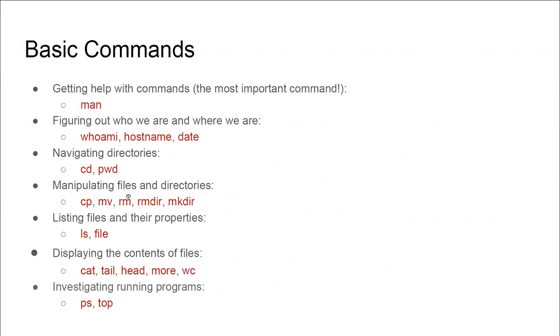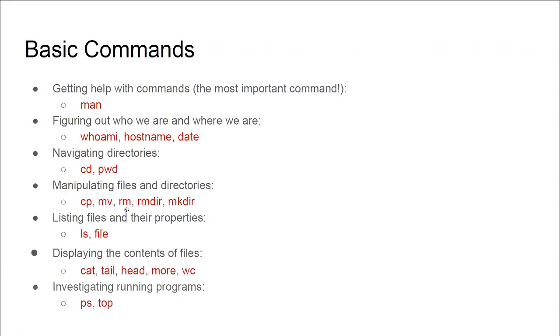You can manipulate files and directories. You can copy a file with cp. You can move files from one directory to another, possibly changing their name, with the mv command. You can remove files with rm. However, you can't remove directories with rm. You have to use the rmdir command to remove a single directory.